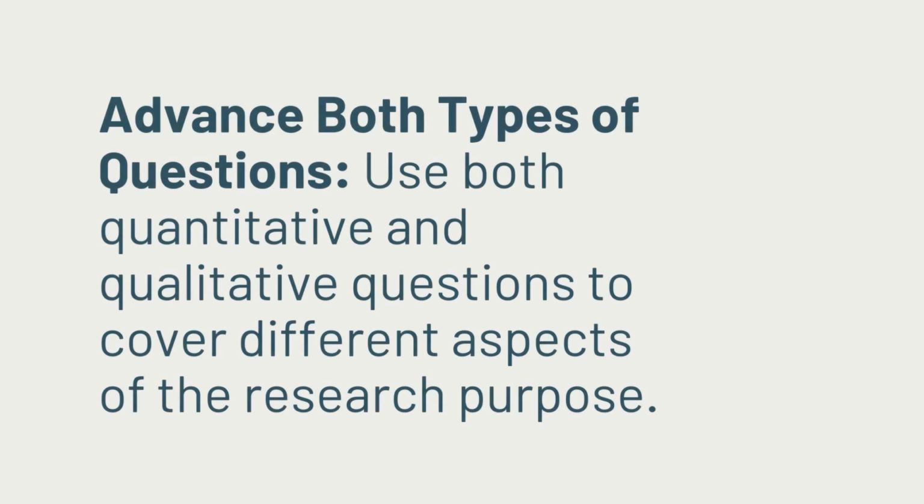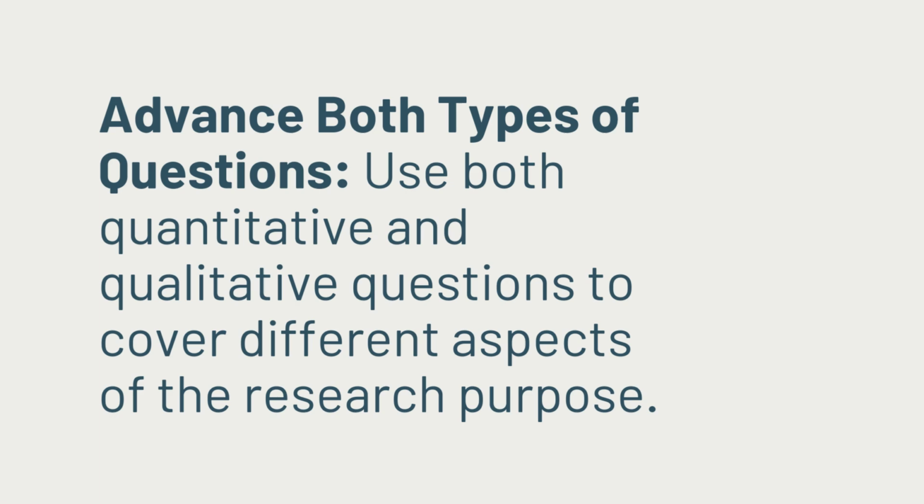So, here we have some considerations to keep in mind when developing research questions and hypotheses for mixed method studies. The first is to advance both types of questions. This means developing both quantitative and qualitative questions to fully address the research purpose, covering different aspects and providing a balanced perspective.